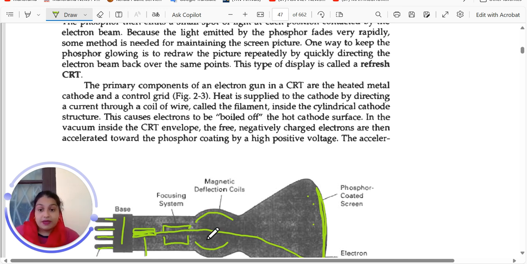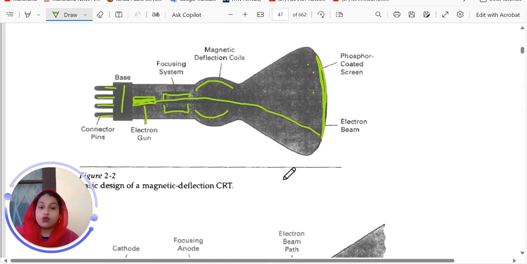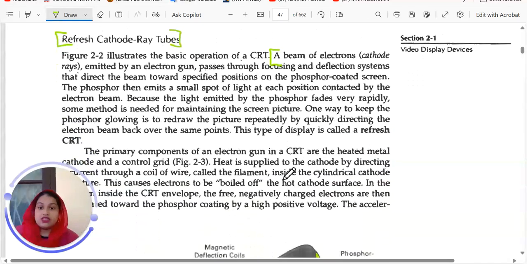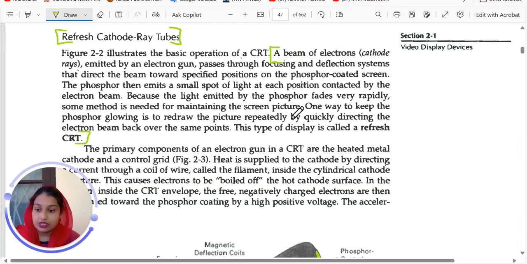Now, this type of display is what we call a refresh CRT, a refresh cathode ray tube. So this is about the refresh cathode ray tube. If 3 marks are asked, we can write the refresh cathode ray tube. We'll draw the picture and along with that, we'll write what all is needed.